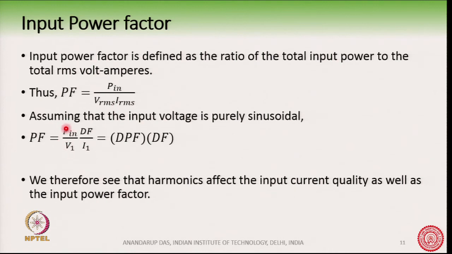So, P in by V1, and I RMS is I1 divided by distortion factor, from the definition of distortion factor. So, therefore, the input power factor is equal to distortion power factor into distortion factor.